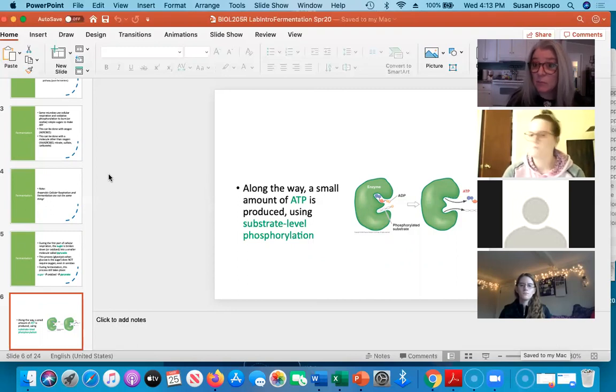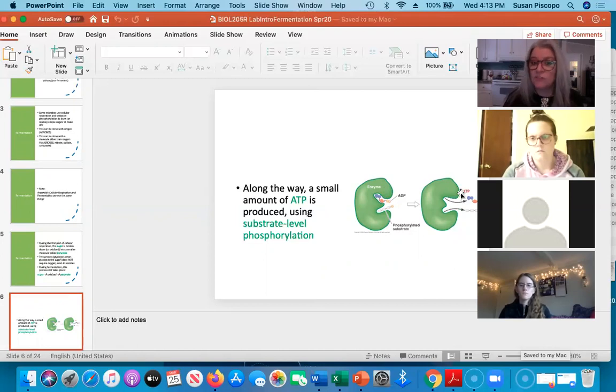And there was a little bit about this in today's lecture. You saw this drawing in today's lecture of an enzyme, sort of a generic enzyme, taking a substrate molecule and turning it into product. And along the way, ATP gets made. The ADP kind of piggybacks onto the enzyme reaction and becomes ATP in the process.